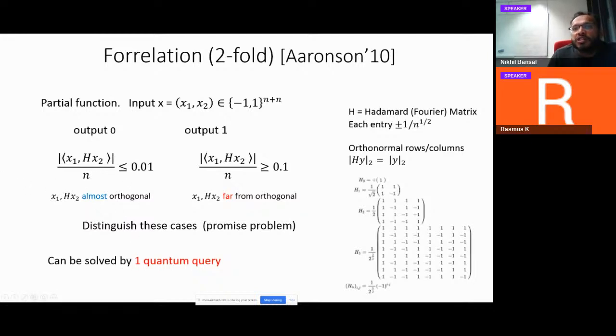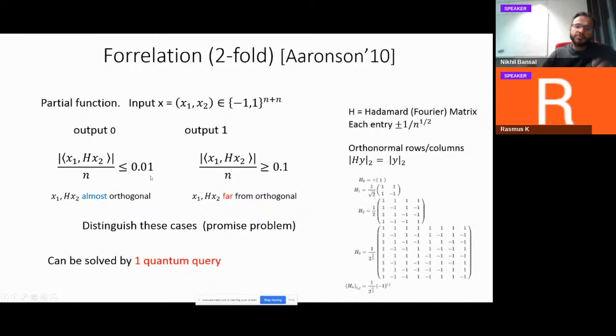So this function outputs a 0 if this quantity is small, in other words x1 and H of x2 are almost orthogonal, and if they are highly correlated, let's say bigger than some constant 0.1, which is much larger than this 0.01, then it outputs a 1. So it's again a partial function, because we don't care what happens between these two ranges.